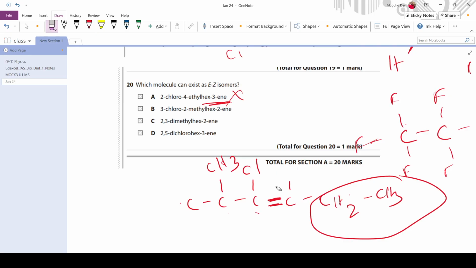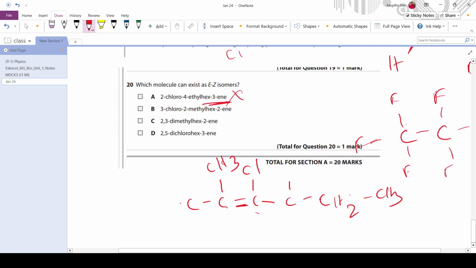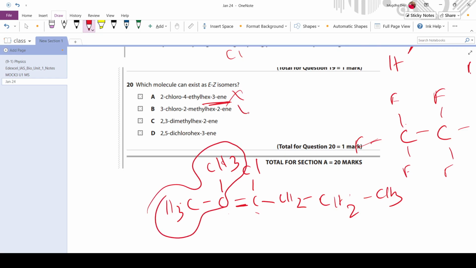Oh, hex 2 ene, they said. So here 2, 3, 4, 5, 6, 1, 2, 3 chloro, this one's CH2. Okay, it's not possible because you can see in this carbon you have two identical, so that's not correct.